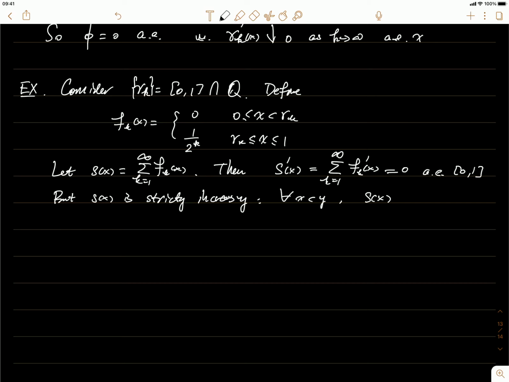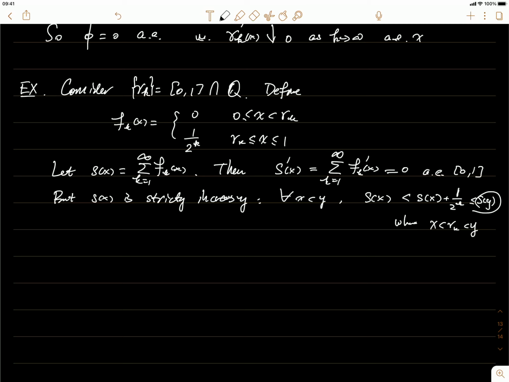The reason is, at the point y, we have increased by at least 1 over 2 to the k for r_k between them, so S(x) plus 1 over 2^k is less than or equal to S(y), where there's an r_k in between x and y.